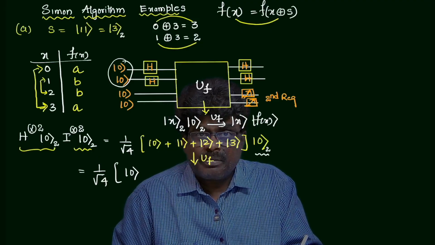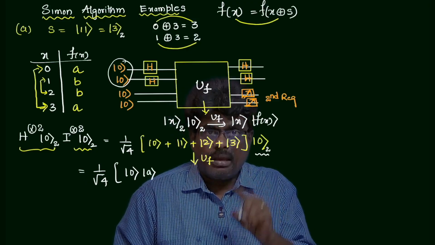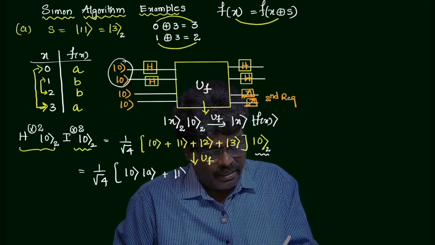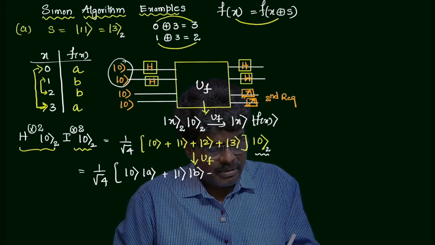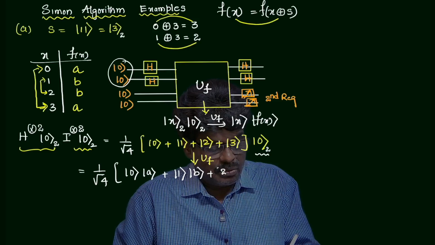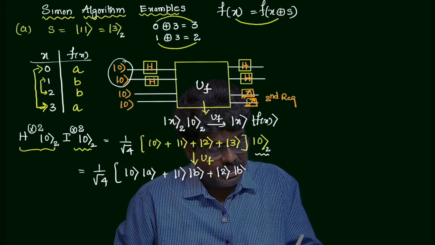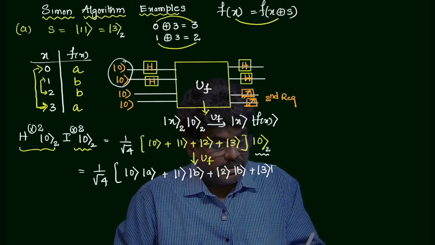But what is the output corresponding to 0? a. So x, f of x: plus, next x is 1, the corresponding f of x is b. Next x is 2 and the corresponding f of x is b. Please see the table. Next plus 3 and here it is a.